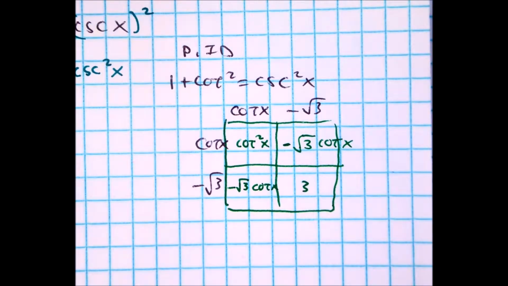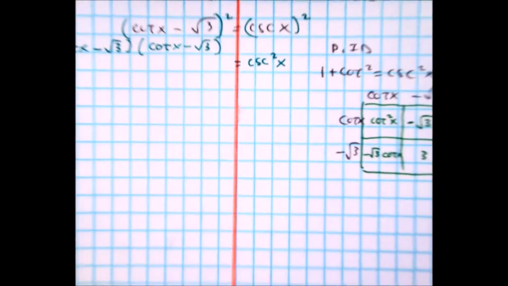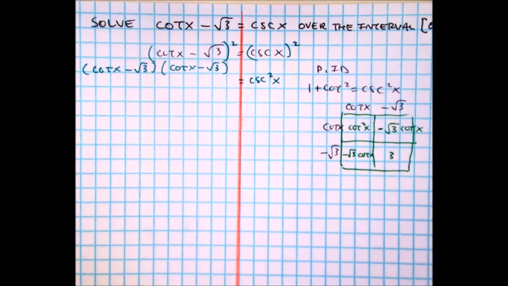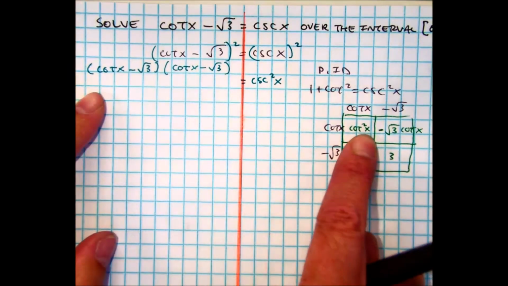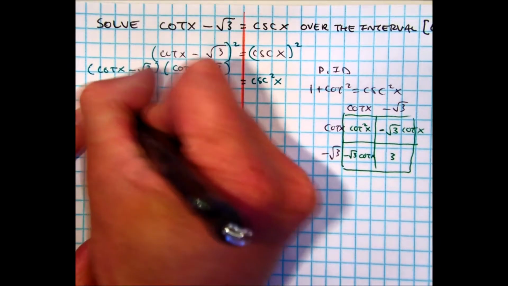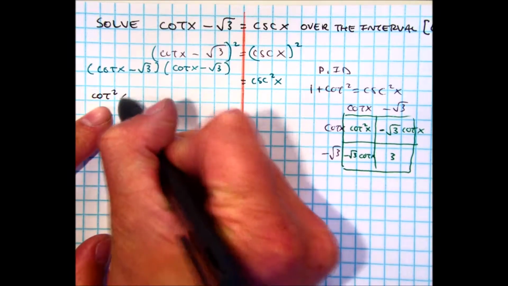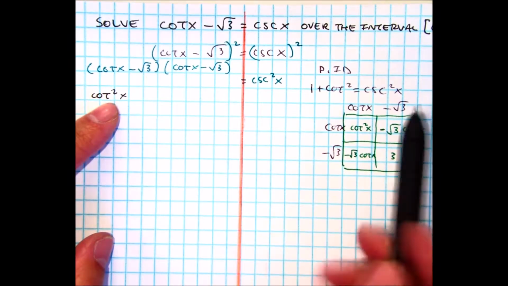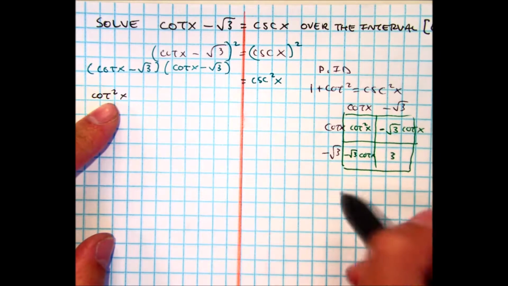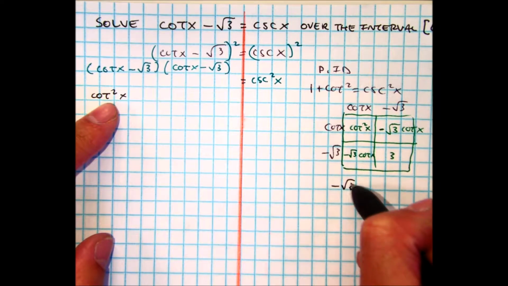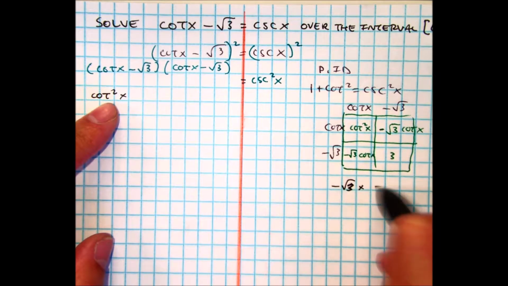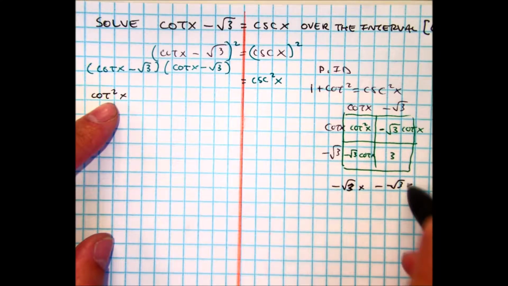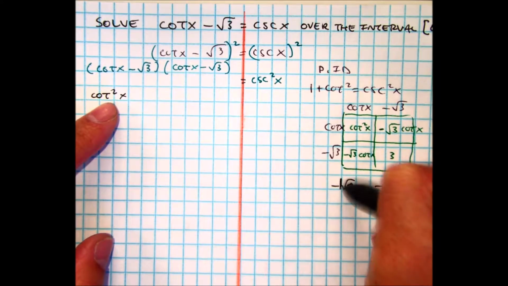Alright, so now I'm just going to combine like terms. I have cotangent squared x here. This is a negative radical 3 x and a negative radical 3 x, and your coefficient here is a 1.